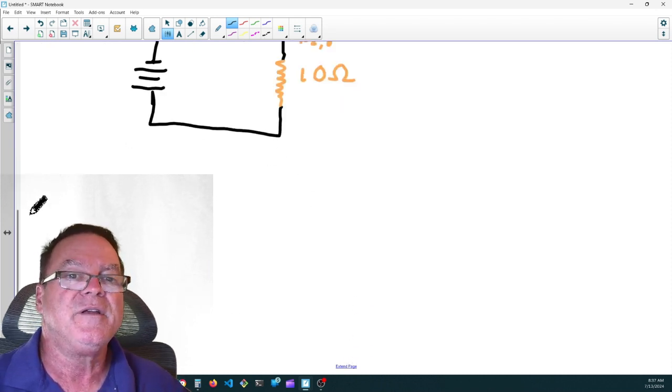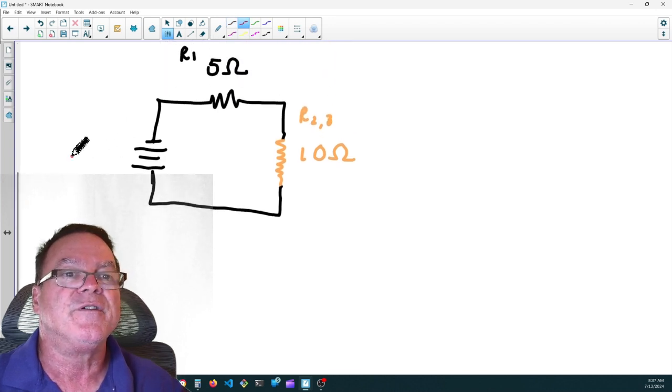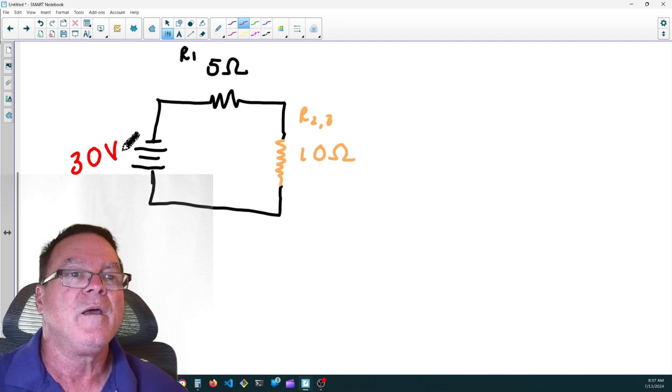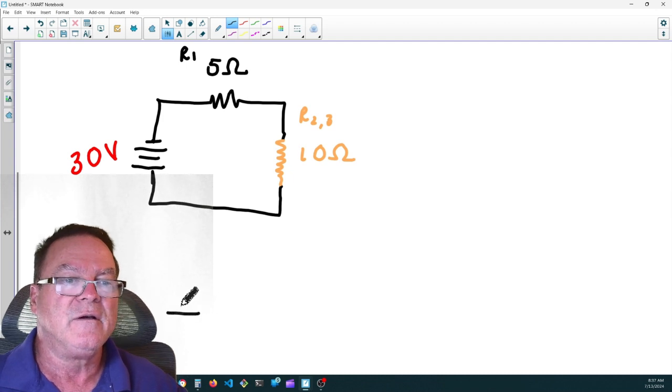So now we'll combine these two by adding them together because now they're in series. I'll extend my page. I'll put in my voltage value of 30 volts. And now I'll draw the final equivalent circuit.